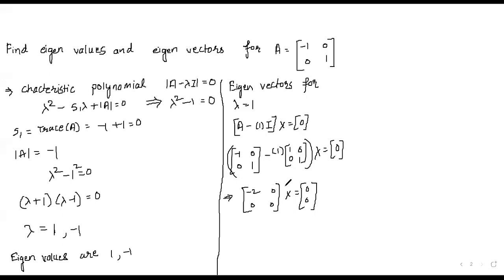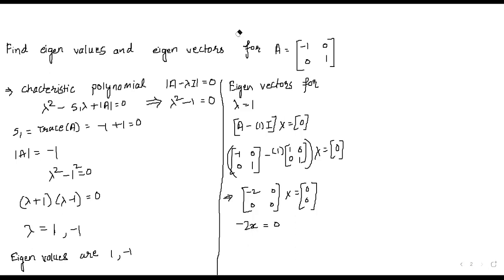Let's rewrite the equation. I'll consider x as (x, y). So this will be minus 2x equal to 0. How many solutions do you have here?